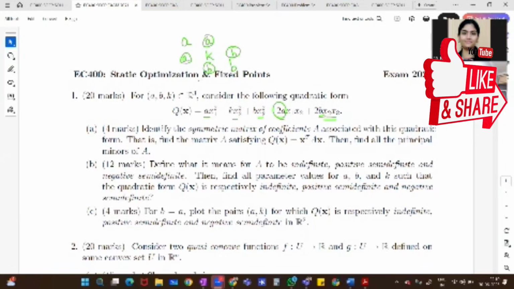And you don't actually have x1x3, so it is 0, 0. So it becomes 1, 1.